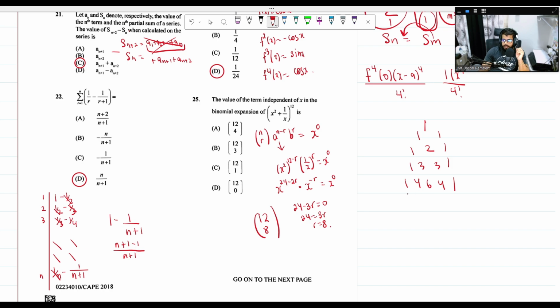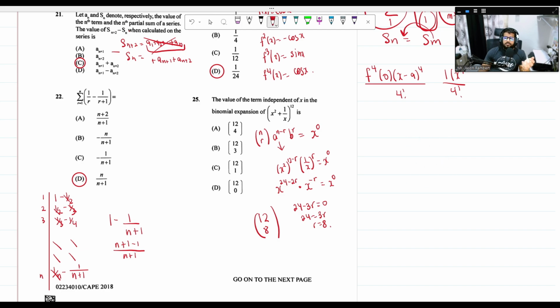So this is going to be my nC1, this is my nC2, this is my nC3, and so on. So nC1 and nC3 are equal to each other. I'm just giving a general example. What I'm trying to get at is, in the expansions, some of the coefficients are indeed equal to each other.